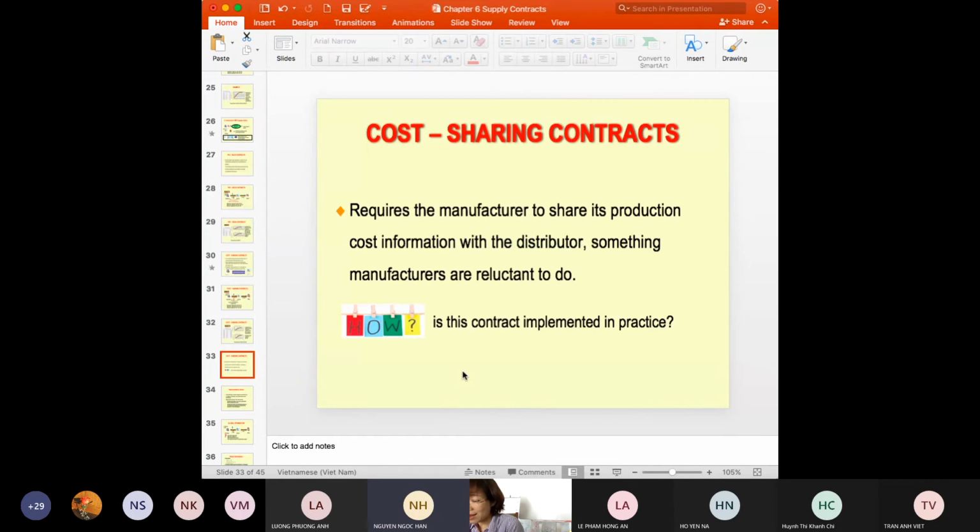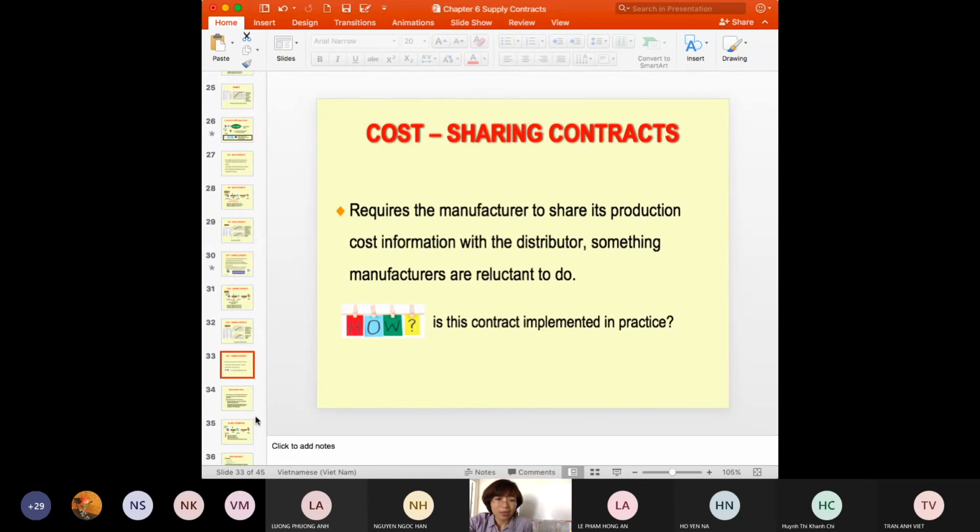Okay, so how can we implement that in practice? The suggestion is that the distributor can buy the key component and send it to the manufacturer to produce the good, and the remaining components the distributor can book and ship to the manufacturer, so they can know about the cost information from the distributor.